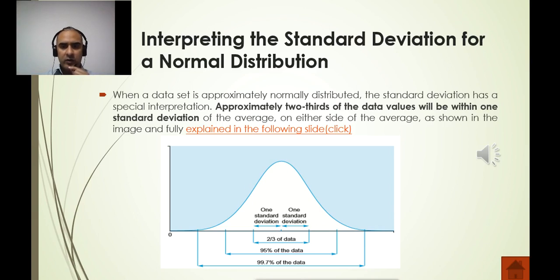This is important to know. In a normal distribution, there's going to be one standard deviation. In this case, that distribution was not standard, but 2/3 of the data are going to be located in here.